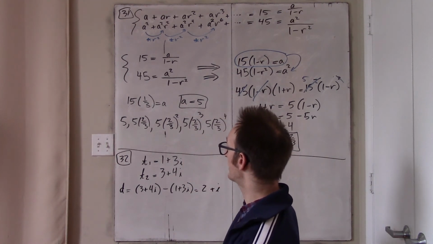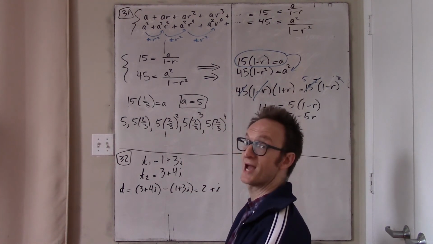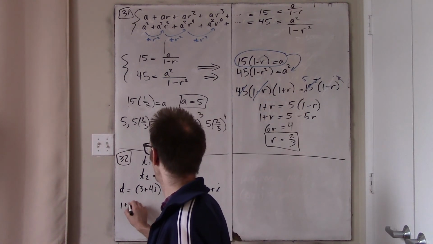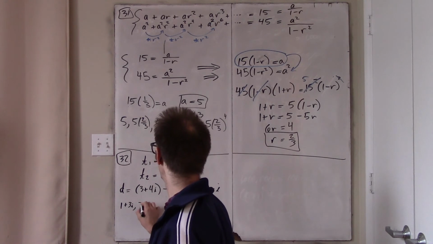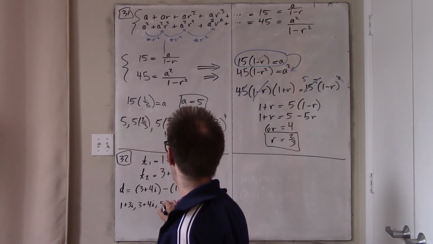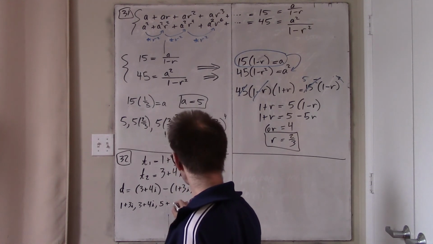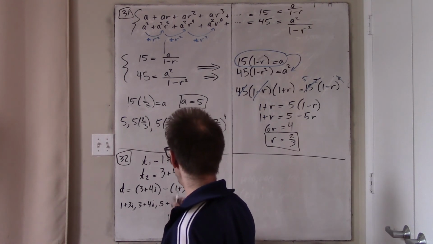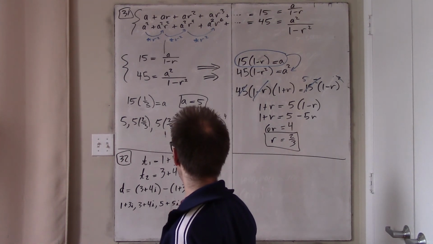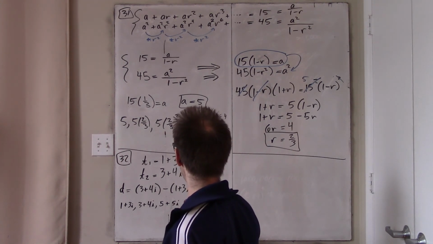So what is this sequence doing? You're just adding 2 plus i every time. And therefore what this sequence looks like: 1 plus 3i, comma, 3 plus 4i, comma, 5 plus 5i, comma, 7 plus 6i, comma, 8 plus 7i.